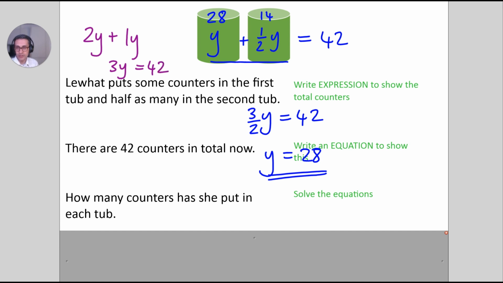If we then solve this by dividing by 3, we get y is equal to 42 divided by 3, which is 14. So that tells you that this is 14 and this is 28. So you still get the same answer as the original question. It just avoids us having to deal with fractions.